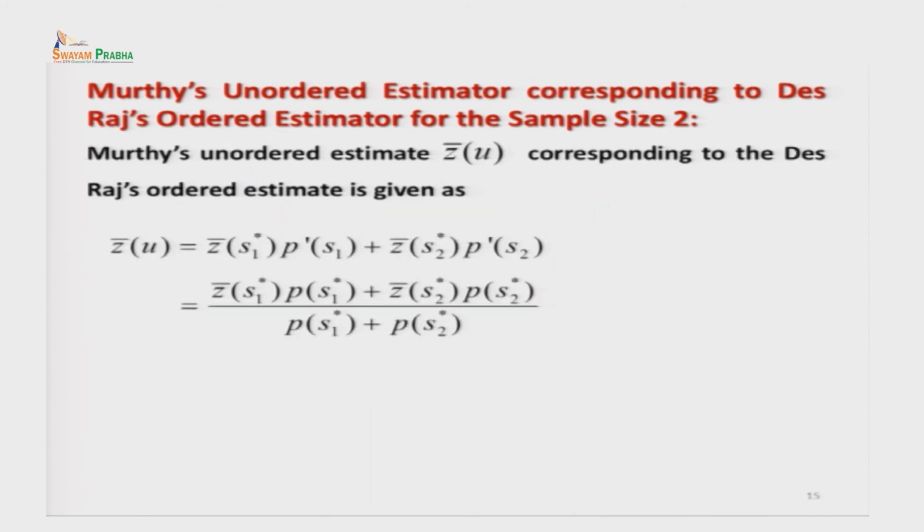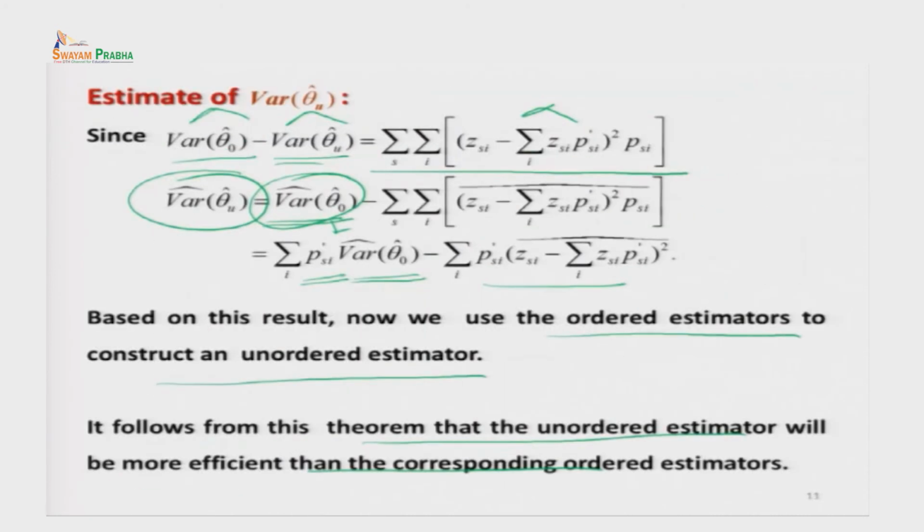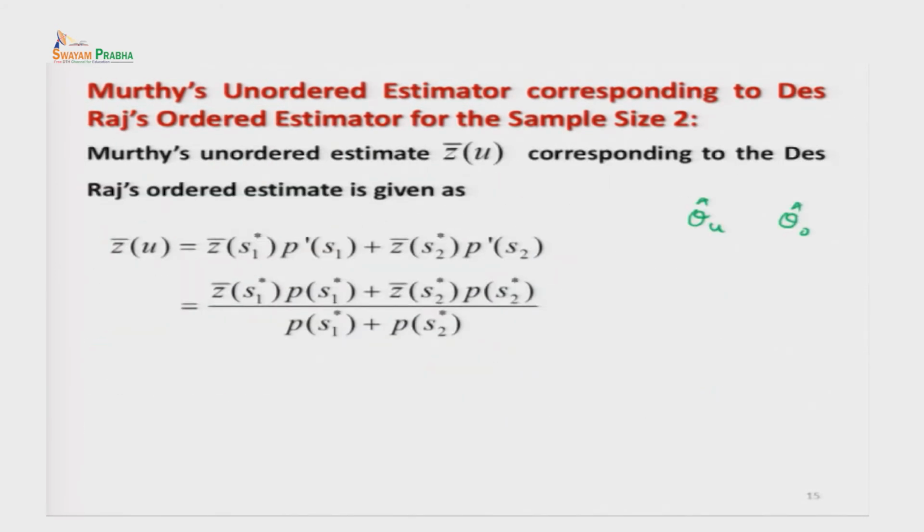Now I use my theorem and try to find an unordered estimator which is based on the Deshraj ordered estimator. I simply use the theorem where we obtained theta hat u using theta hat 0. You can see this estimator was defined as theta hat u equal to the sum of i going from 1 to capital M of Z bar Si times P prime Si. Here there are factorial 2, meaning two terms.